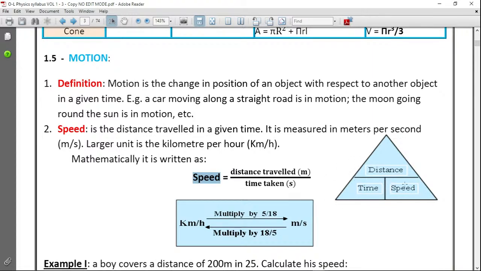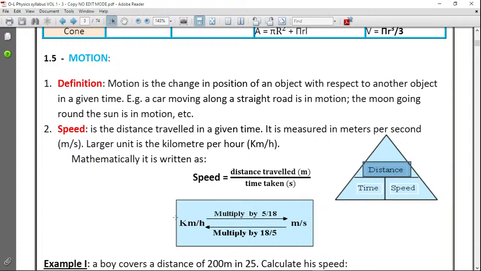If given the distance to find time, time is equal to distance divided by speed. If given both distance and time to find speed, speed is equal to distance divided by time. If asked for distance, distance is equal to speed times time.